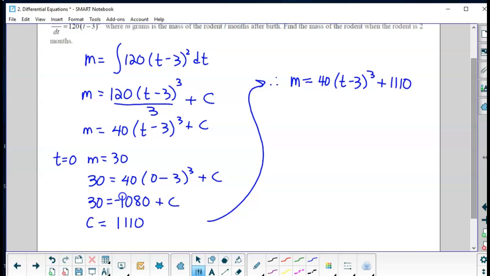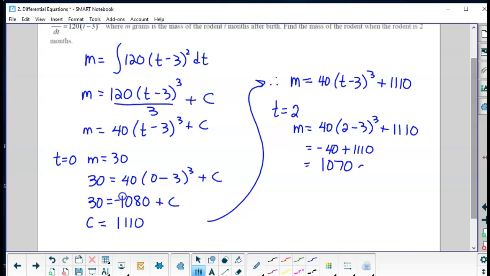And then remember, it asked to find the mass when the rodent is 2 months, and t is in months. So when t equals 2, m equals 40 times (2 minus 3) cubed plus 1,110, so that's going to be negative 40 plus 1,110, so 1,070 grams.